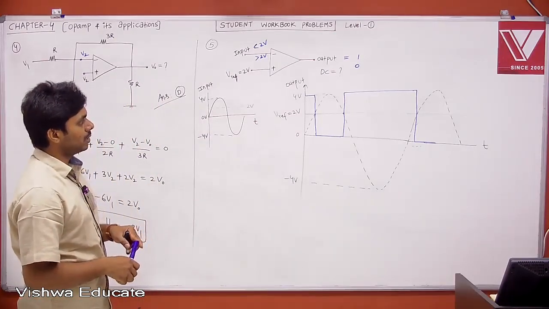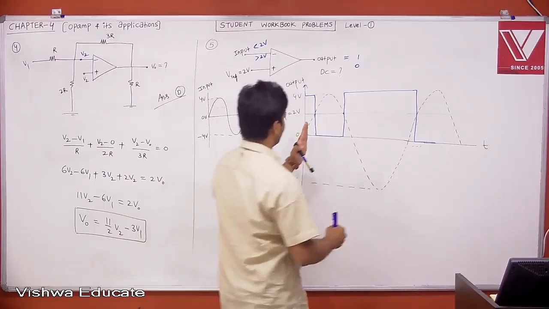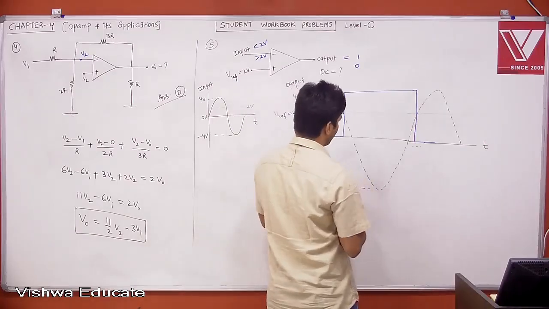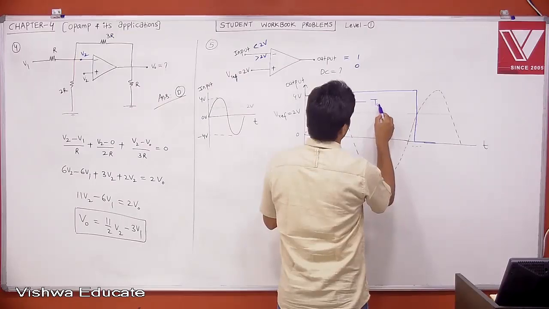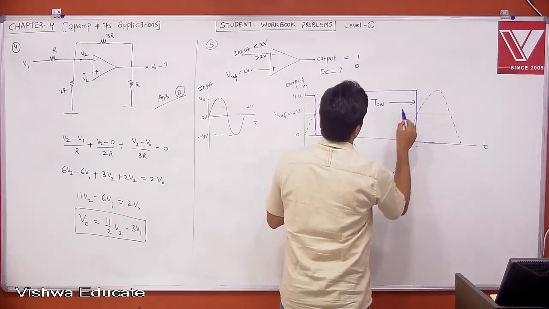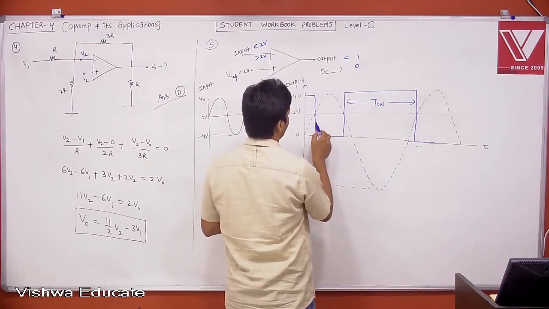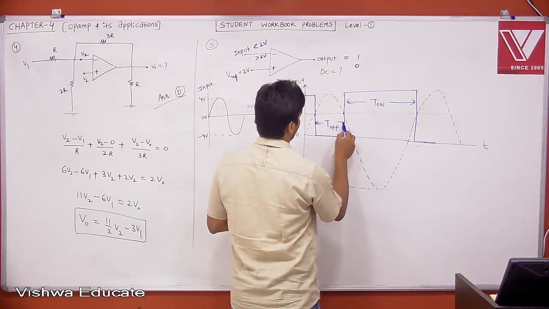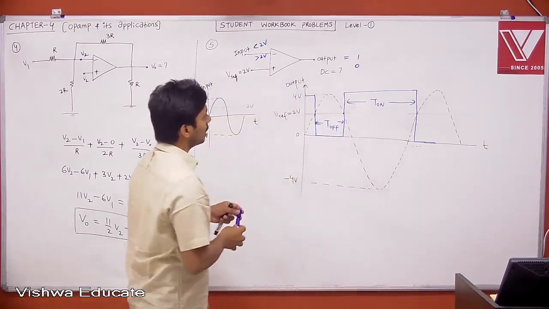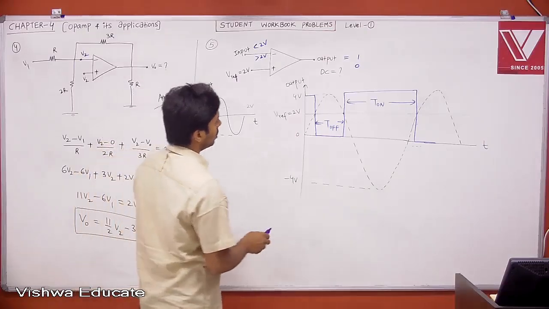Then what is your duty cycle here? If you take the reference from here to here, this is nothing but your on time, T on, and this is nothing but your off time, T off, right? This is logic 1 and this is logic 0.